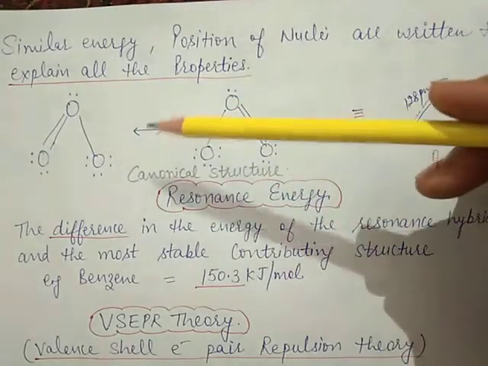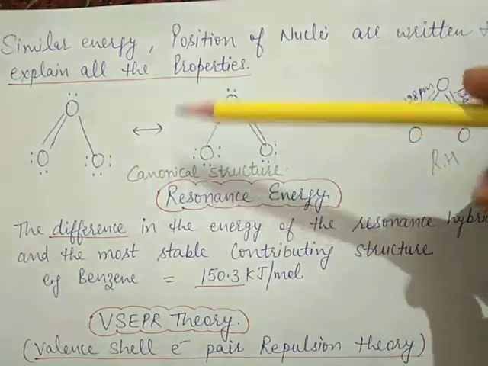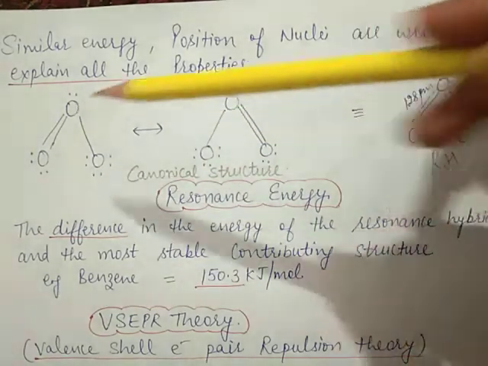The double-headed arrow is used in between these canonical structures.